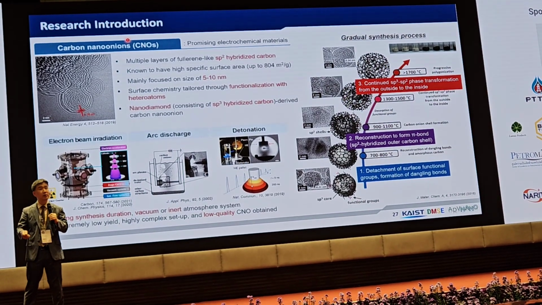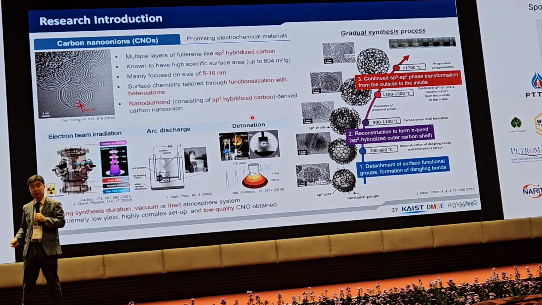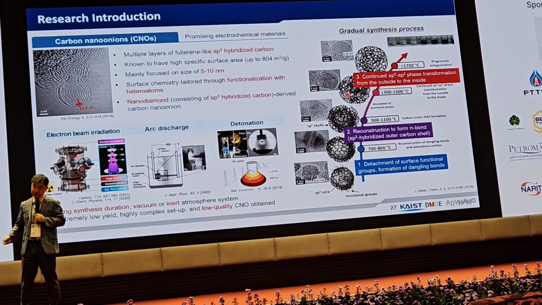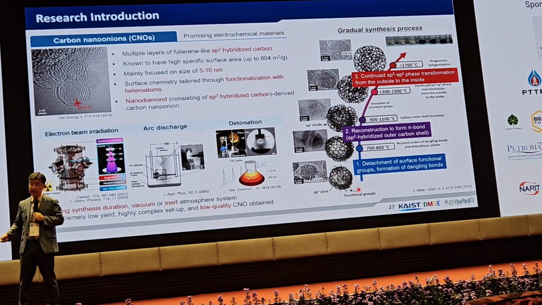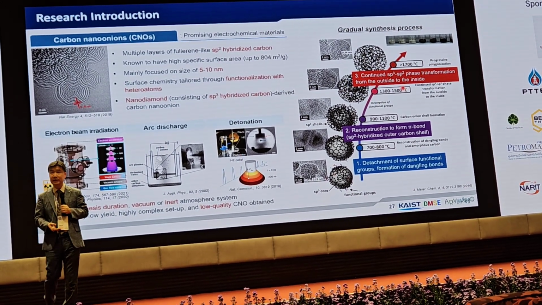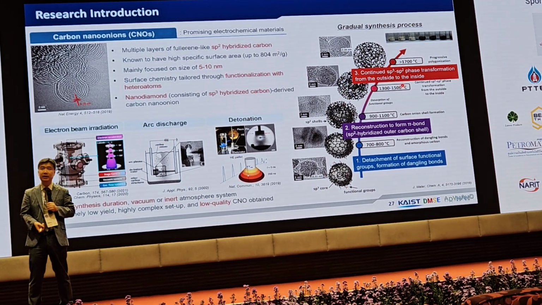This carbon nano-onion can be synthesized from nanodiamond, sp3 hybridized carbon. As you can see here, this is from the nanodiamond to the nano-onion. It needs a very high temperature, over 1,700 degrees C. Then how can we get such a high temperature using IPL?